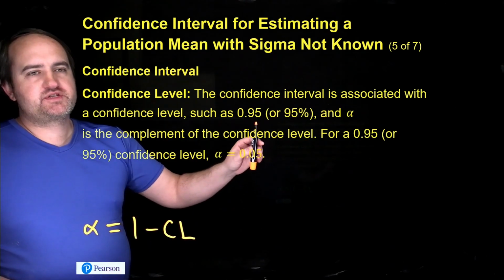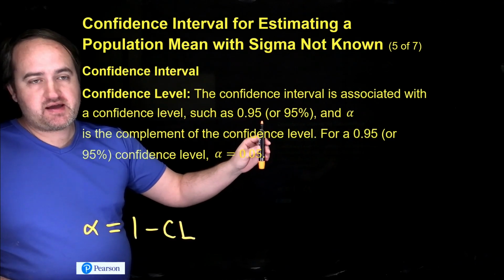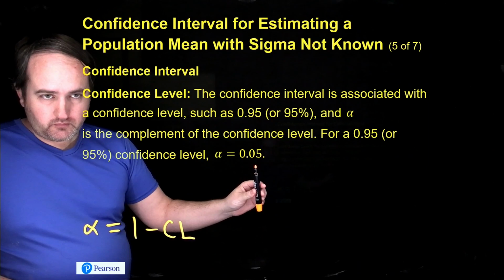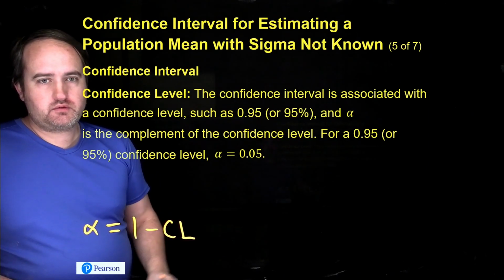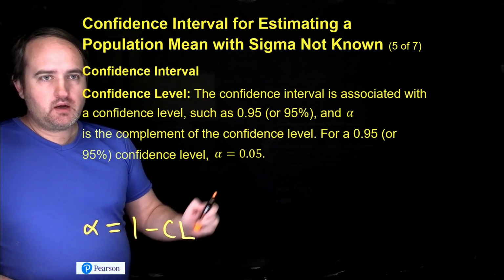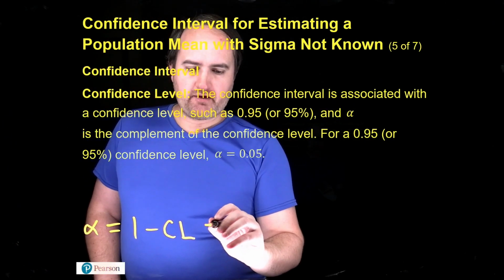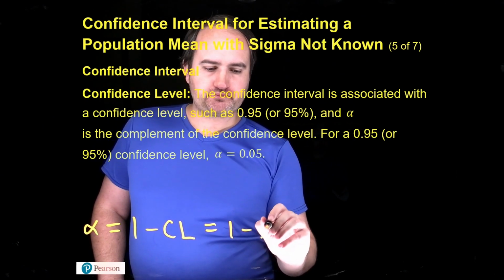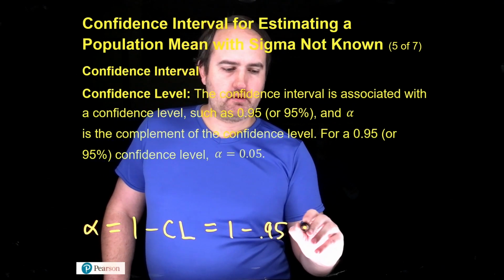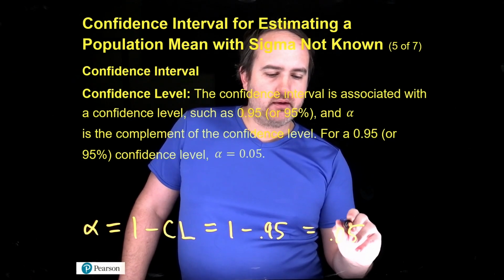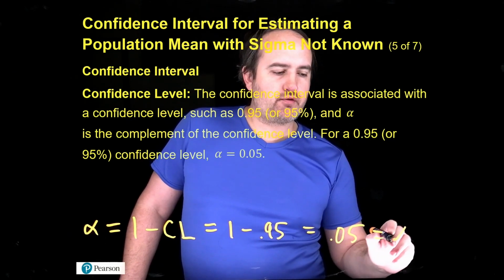So, for example, if our confidence level is 0.95, how do they get alpha equals 0.05? Well, they just do, using this formula, our confidence level is 0.95. So alpha is going to be 1 minus 0.95. So on a calculator or in your head, if you can do it, that means alpha is 0.05.